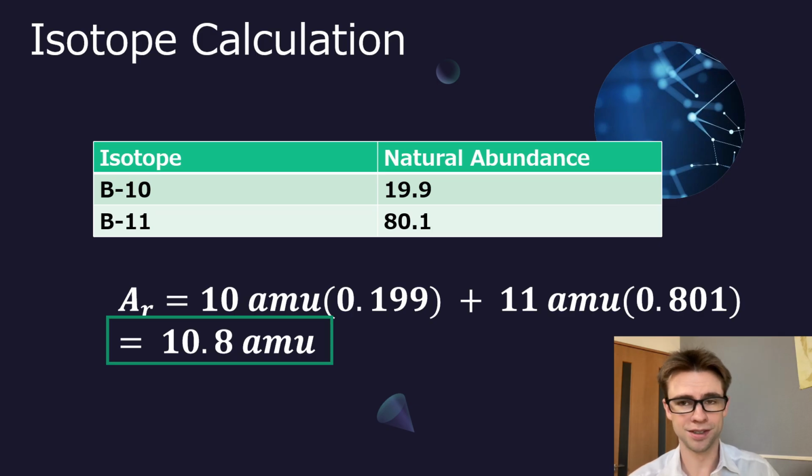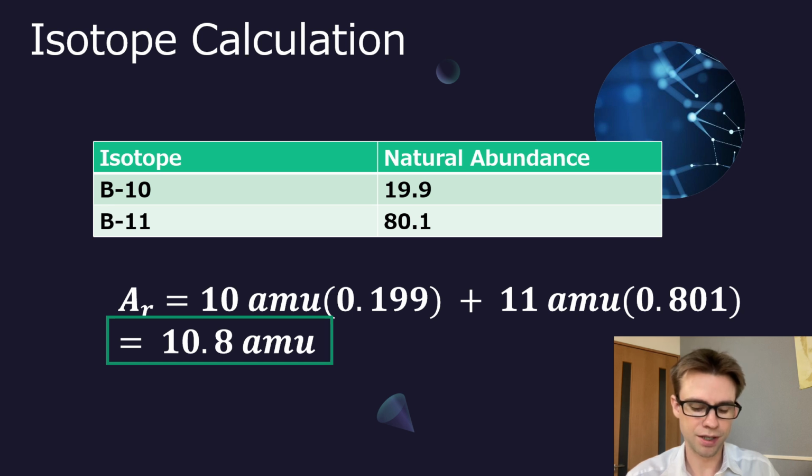Again, that should be consistent from every sample you take around planet Earth. So, put those into the equation that I gave. If you're looking at boron 10, that's 10 atomic mass units times its percentage as a decimal, 0.199, plus 11 AMU for boron 11 times 0.801.